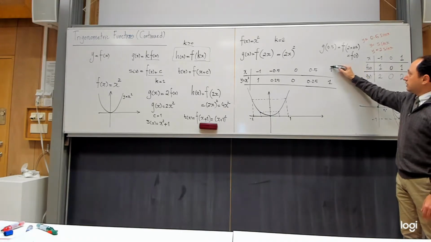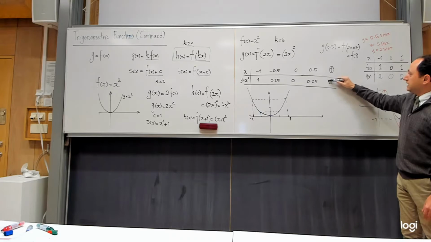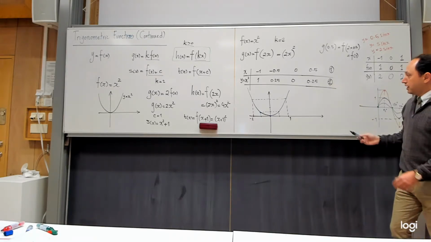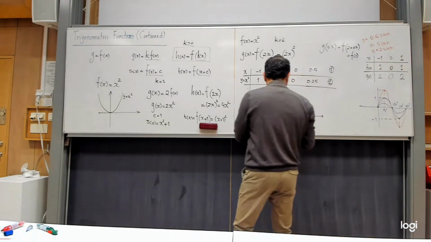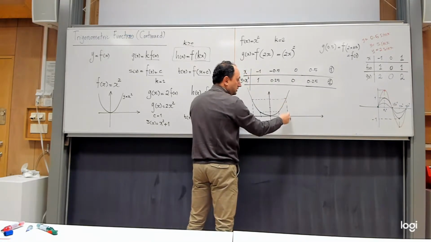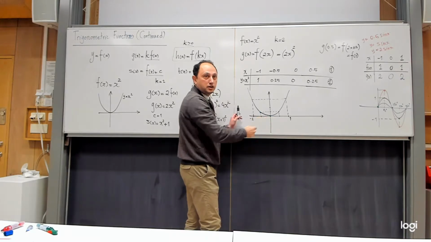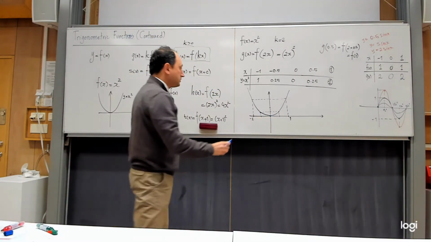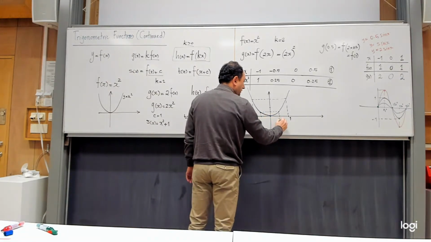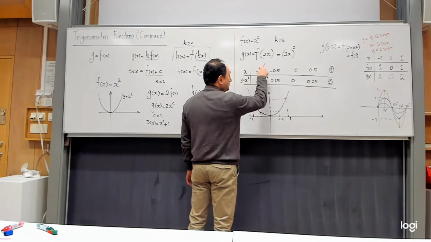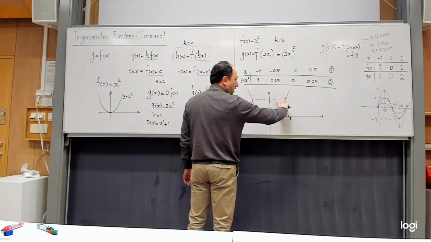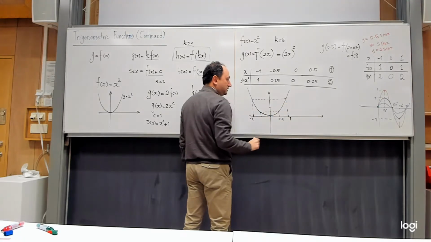If I ask you what is f at 1, you will say the height is 1. But the new graph will reach this height, but not at that point. At which point? At 0.5. Yes? So for the graph of this new function, I will reach the same height, but not here, a little bit earlier.